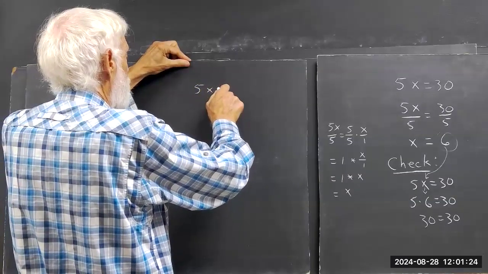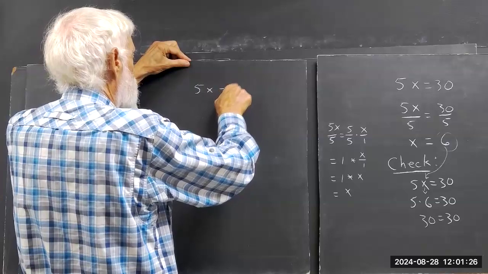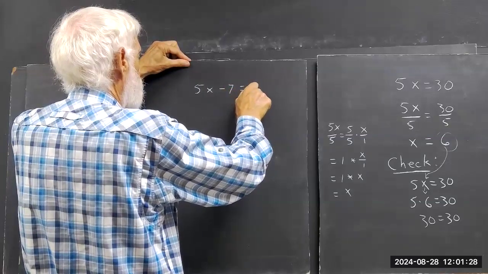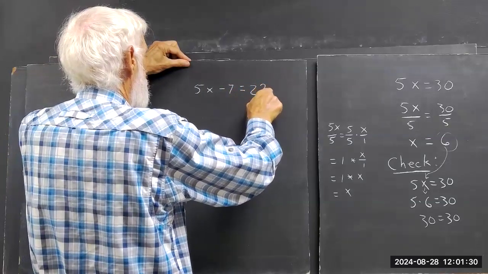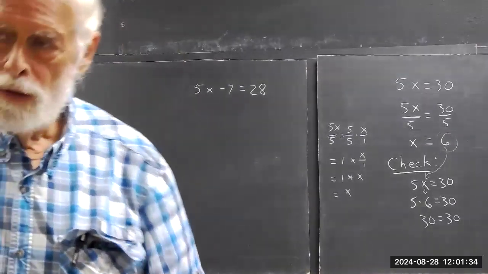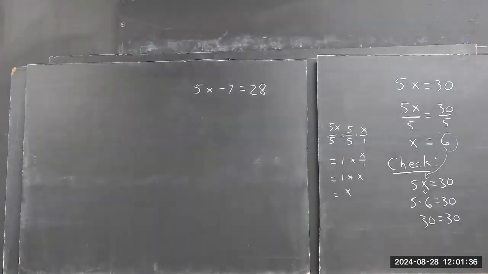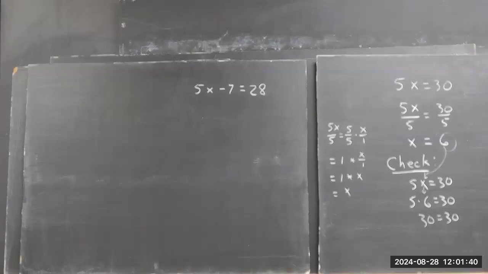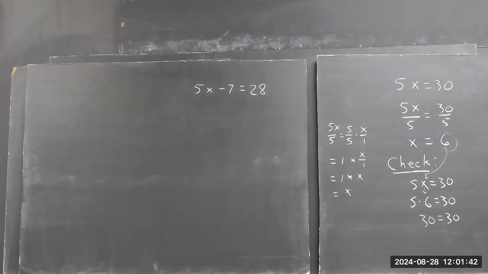Let's say we have 5x minus 7 equals 28. Go ahead and work this out. Give me your best attempt at showing all the steps and making sure every step follows by valid mathematical operations from the previous.